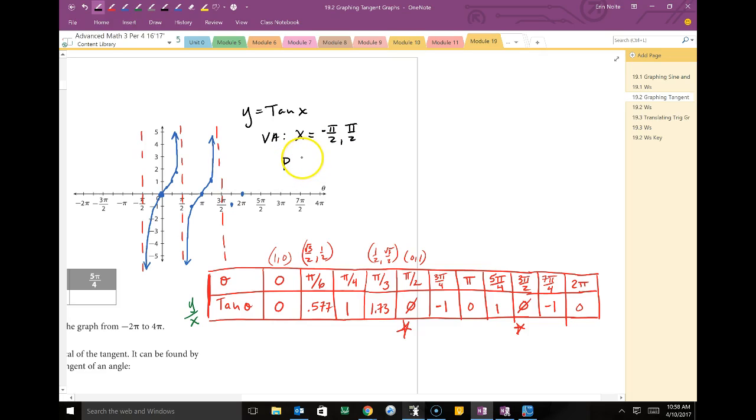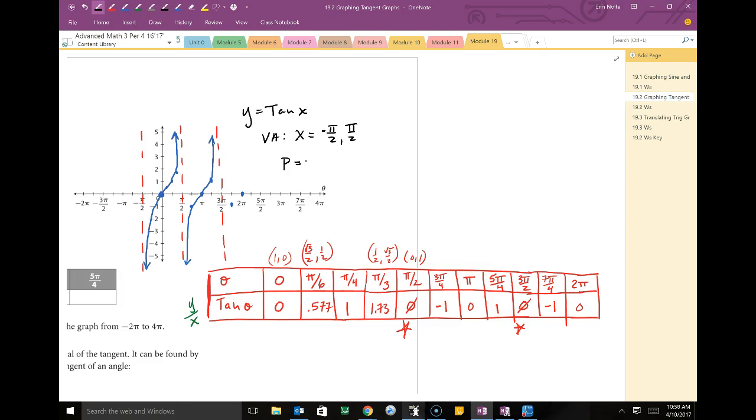Now a period on a tangent function is a little different than sine and cosine. Remember that one full revolution created a cycle for sine and cosine? Well, when we worked with the tangent, one full cycle around the circle creates 2 John Travoltas.